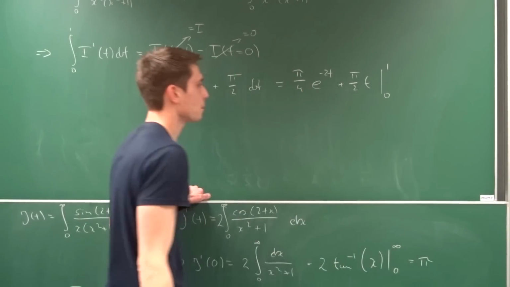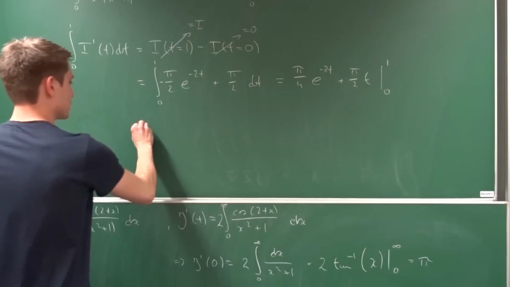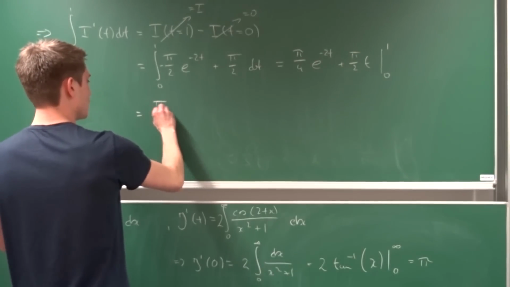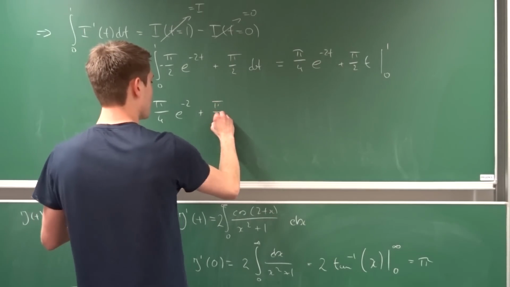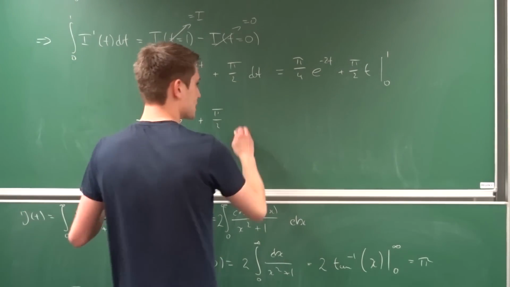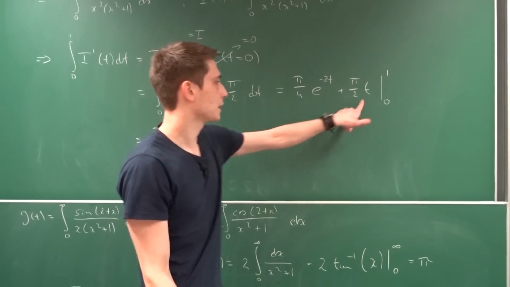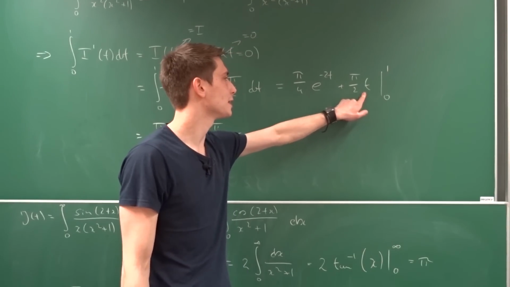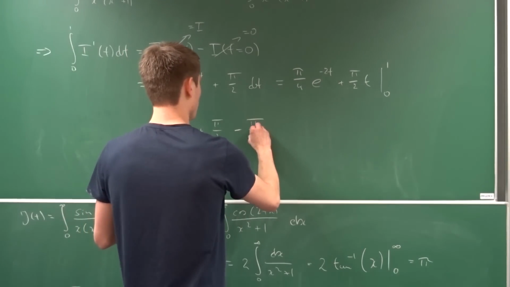from 0 to 1. If we plug in 1 into here, that would mean at first that we get pi over 4 times e to the minus 2 plus pi over 2. If we plug in 0 into here, so that's the second part of our integration, well, that would just be 0 right here, but e to the 0th power is just a 1, so we get minus pi over 4.